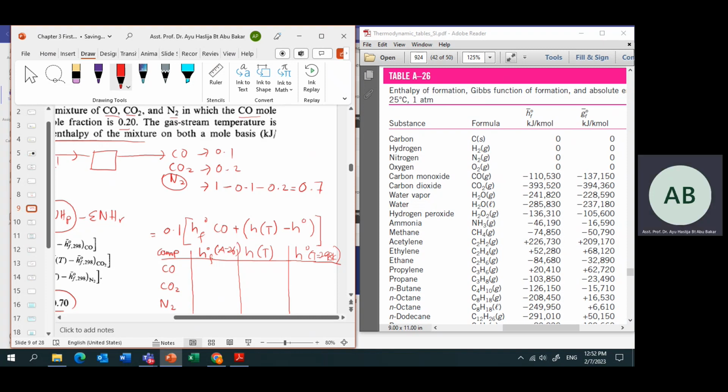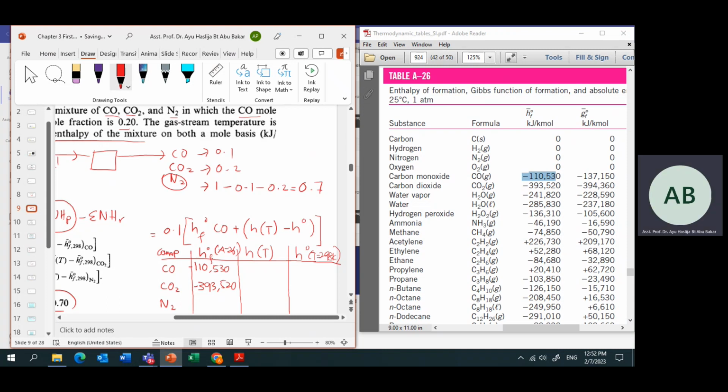So we find CO. CO, heat of formation, negative 110530. Heat of formation CO. So CO2, negative 393520.